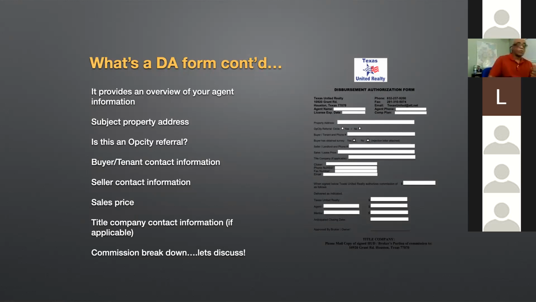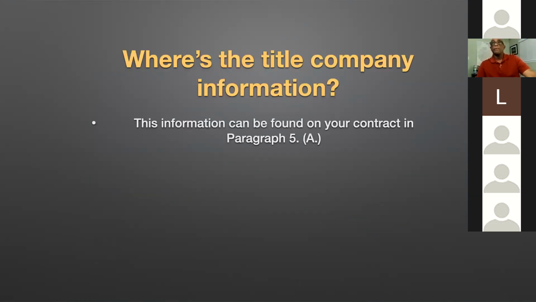It provides an overview of your agent information at the top portion, some information about the subject property, whether or not the client is an Op City referral, some buyer tenant contact information, as well as seller contact information, sales price, title company info if it's applicable, and then a commission breakdown. So let's just discuss these sections one by one.